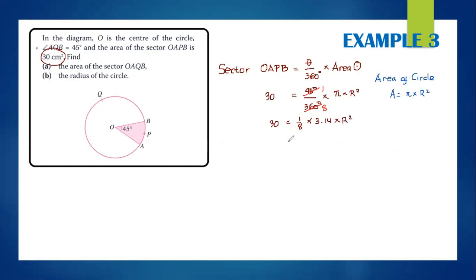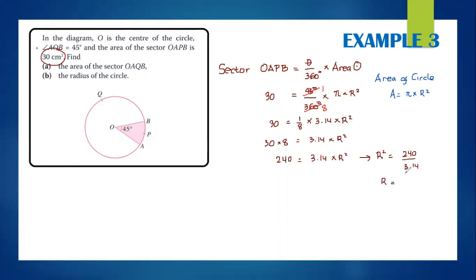Using cross multiplication, 30 times 8 equals 3.14 times r squared. 240 equals 3.14 times r squared. So we got r squared equals 240 over 3.14.